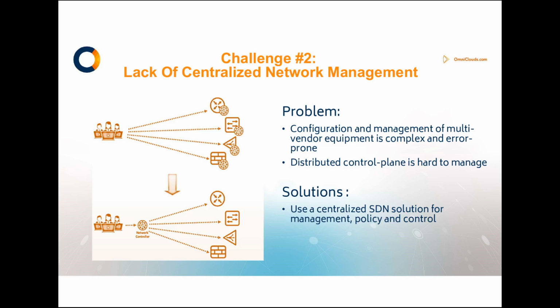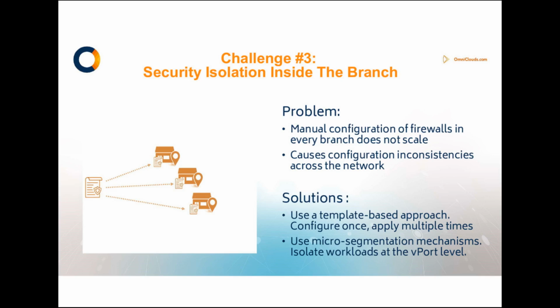The second slide, we will talk about the third challenge, which is security isolation inside the branches. As in the previous case, we make sure that the security policies are consistent at all the branches and IT systems. In the traditional network or IT infrastructure, perimeter security firewalls are deployed in each branch among all the branches.